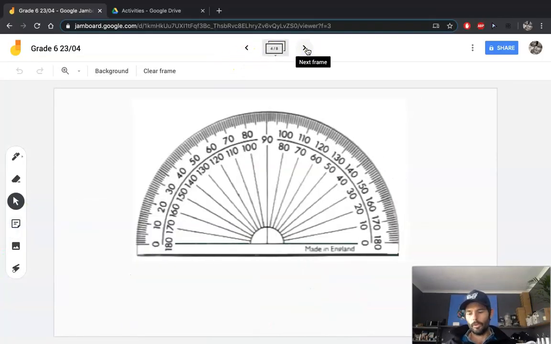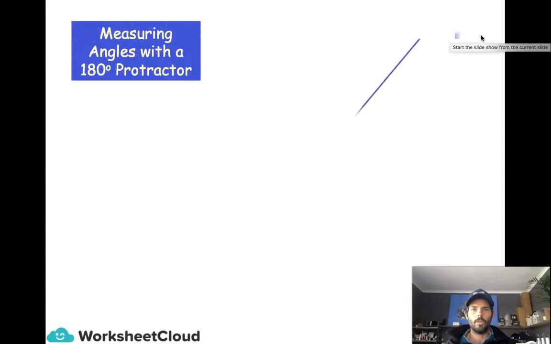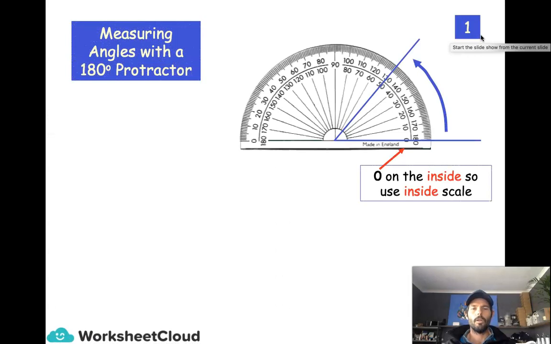So this T-junction over here has to be exactly on where the angle is. This horizontal line, which is 0, must be on the horizontal line of the angle. If I go back to the presentation, you can see that is what I've got: that exact T-junction and the horizontal line on the horizontal line of the angle.